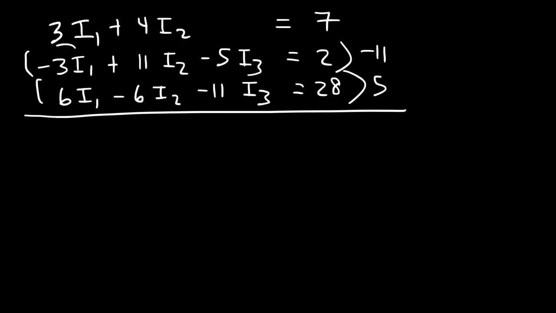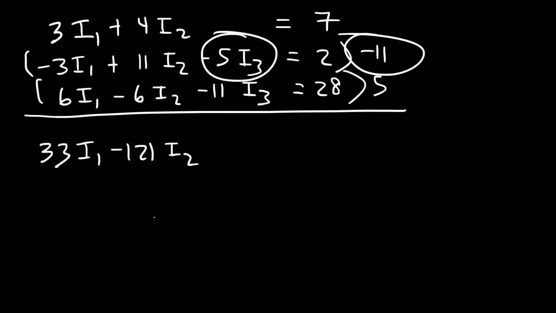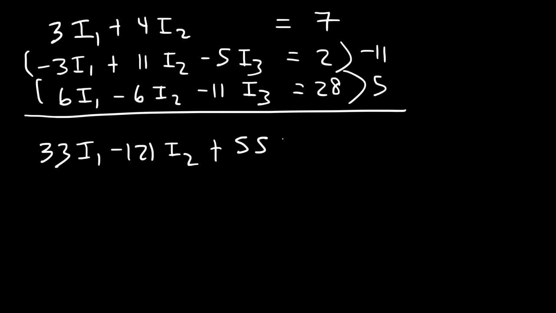So negative 3I1 times negative 11, that's positive 33I1, and then this times negative 11, that's going to be negative 121I2, and negative 5I3 times negative 11, that's positive 55I3, and 2 times negative 11 is negative 22.